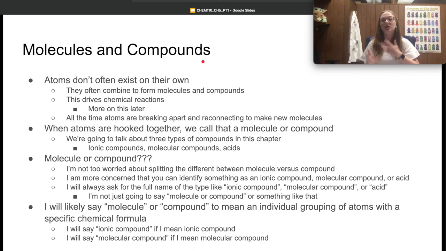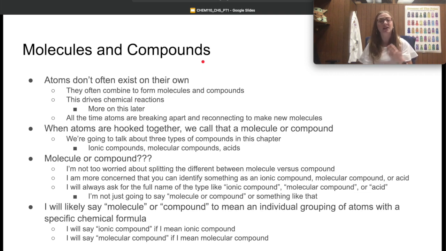If I'm really looking for some sort of response or you're worried about molecule or compound, you can always be sure to say that full name, like ionic compound, molecular compound, or acid. So I'm not just going to say is this a molecule or a compound? I would ask you is it an ionic compound? Is it a molecular compound? Or is it an acid, for example?